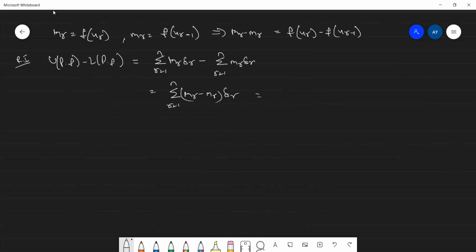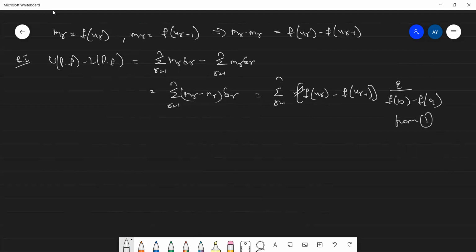So what is M_r minus m_r? We have written this as f of x_r minus f of x_{r-1}, into epsilon by f of b minus f of a. This is since from 1.